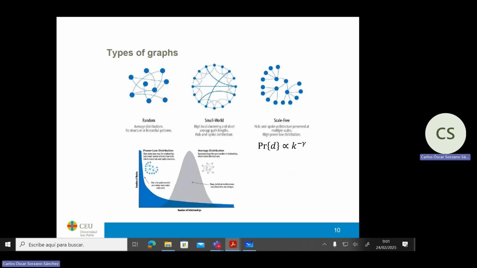So for instance, friendship relationships. Among your friends, most of your friends know each other, so they have local connections. So there are a lot of local connections, but then there are two groups of friends, and some friend here has a connection with one there. So friendship relationships typically behave as a small world. And scale-free is an example of computer networks, or even the telephone networks.